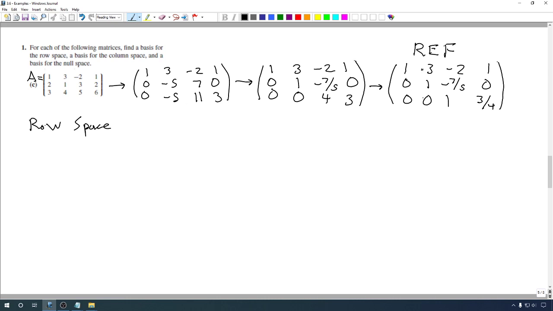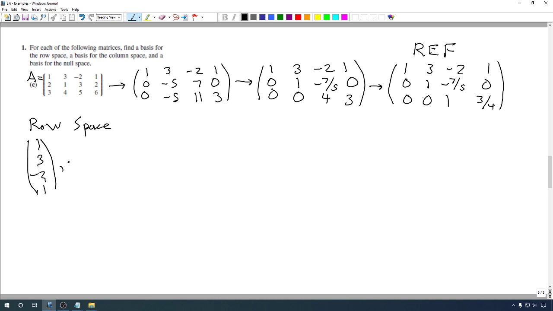We could make a basis where it's 1, 3, -2, 1, and then 0, 1, -7/5, 0, and then 0, 0, 1, 3/4. Or we could go back and use the rows from A, or if we don't like having fractions, we could multiply the rows by a common denominator to get rid of them. So we could use 1, 3, -2, 1, which is common to all of these.